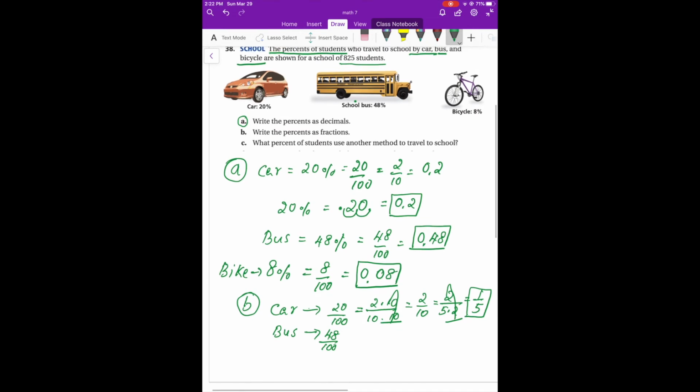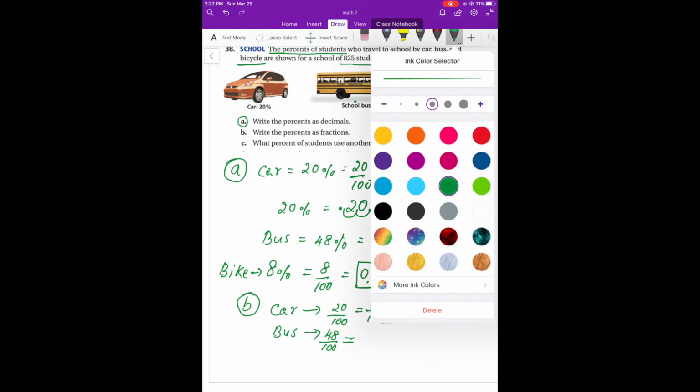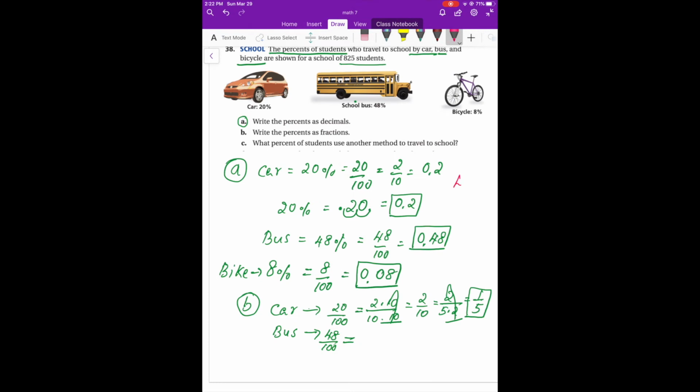Let's decompose 48 using a factor tree: 2 times 24, 24 is 2 times 12, 12 is 2 times 6, and 6 is 3 times 2.